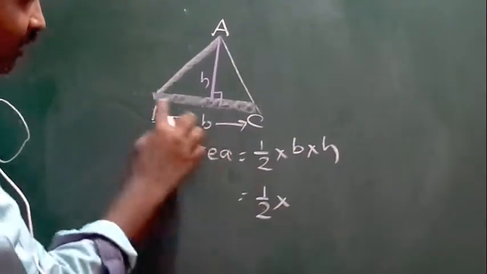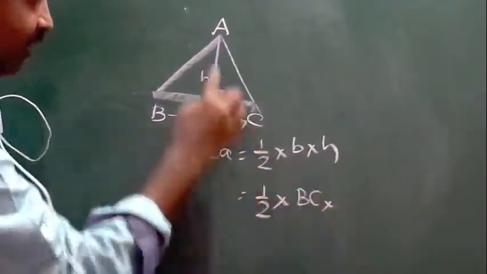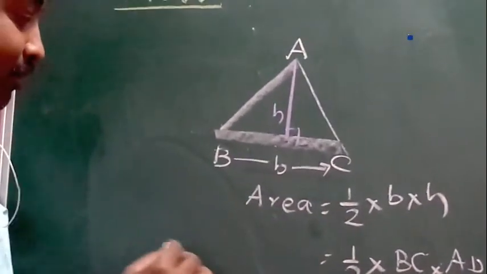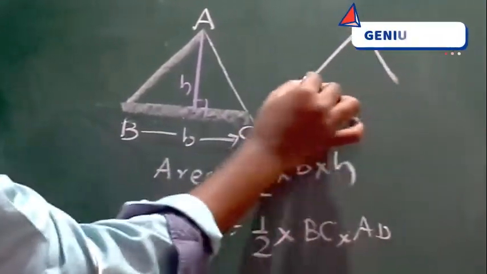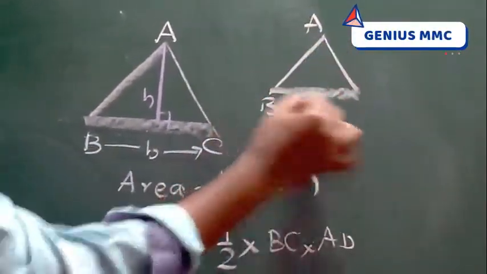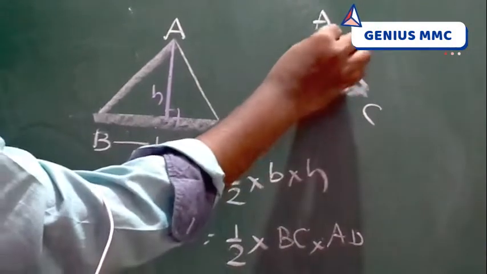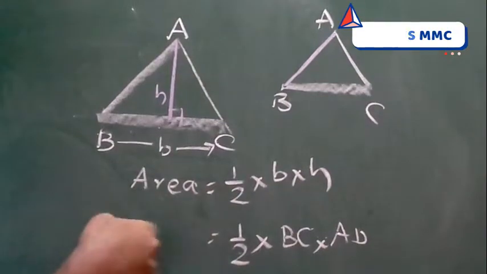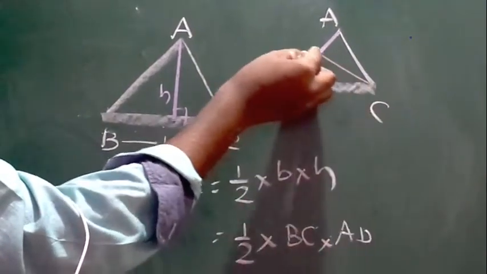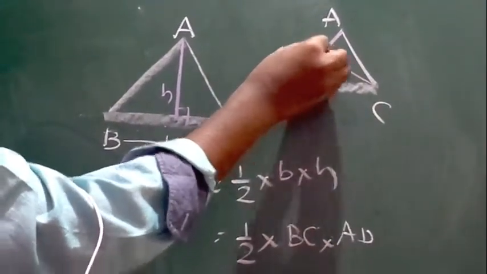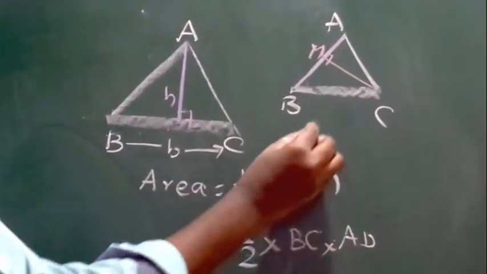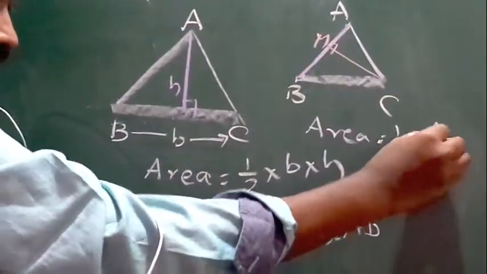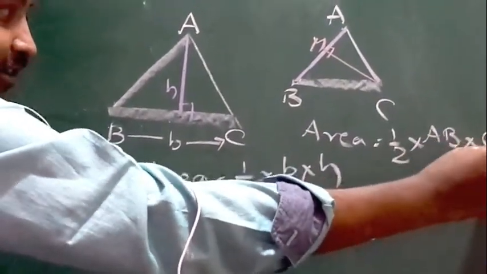Half into BC, which is the base here, into the height from A. Similarly, we can take the base as AB because there are three sides. If the base is AB, then the height is drawn from C. Now the area of this triangle is half into AB into the height from C.